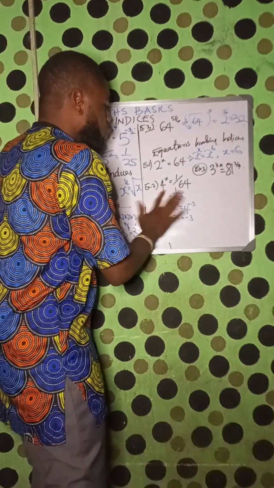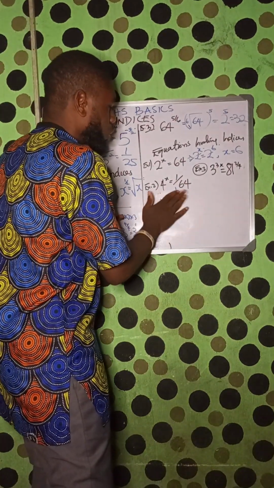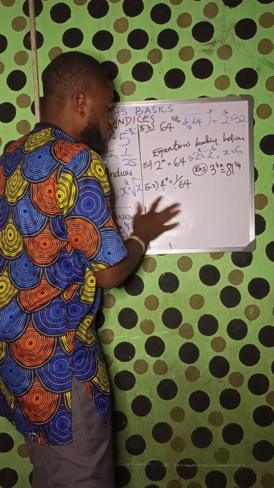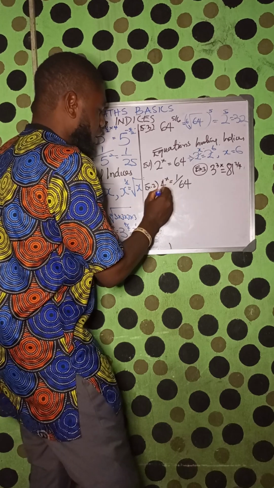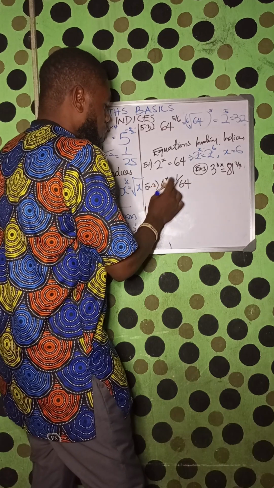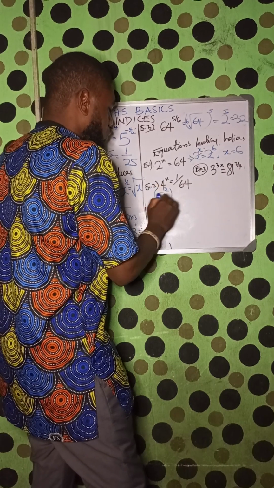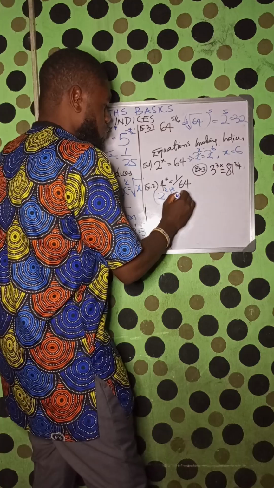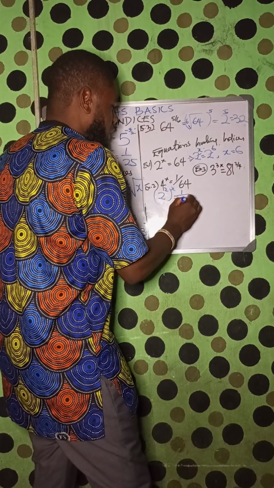Or I can also use base 2 to solve it. I'll use 2 raised to the power 2x, because 2 times 2 is 4. So I'll have 2 raised to the power 2 times x is equal to 1 over 2 raised to the power 6, which is 2 raised to the power minus 6.